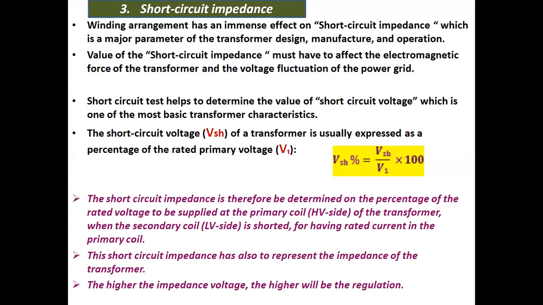The higher the impedance voltage, the higher will be the regulation. Again, I repeat, the higher the impedance voltage, the higher will be the regulation.